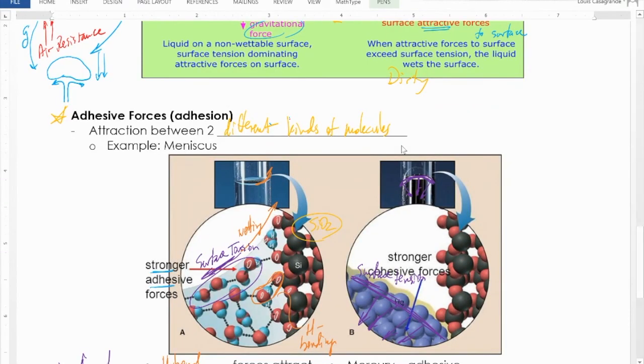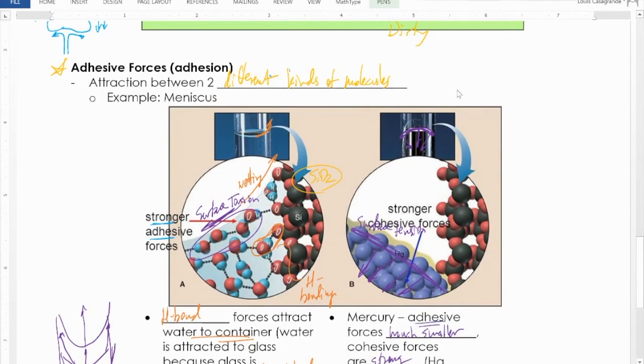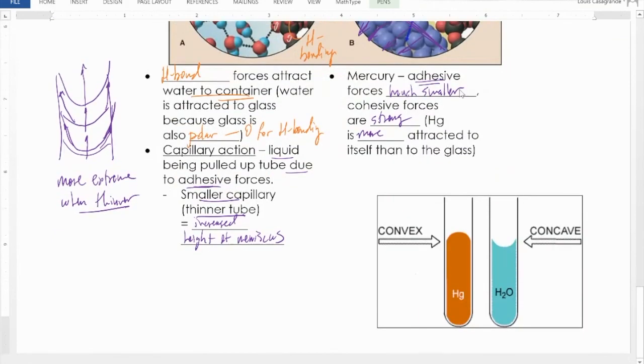So when we have the mercury pulling down on itself like that, we have a convex shape. Coming down below here and taking a look at what we have, on the left we have this convex shape. And anytime we see a convex shape, we know that we have stronger attractions pulling in, and so we have stronger cohesive forces.